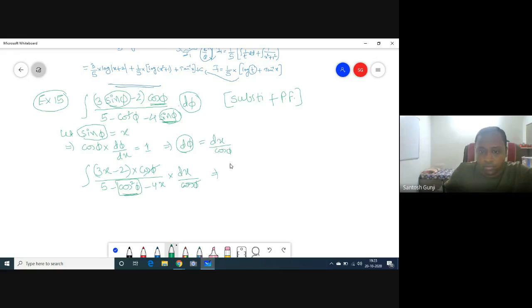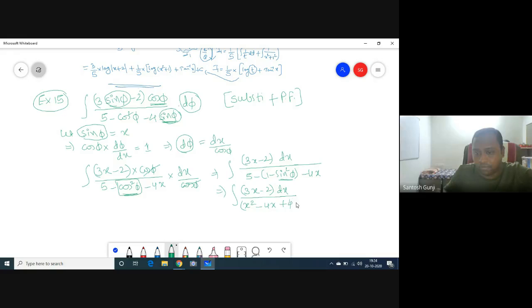So we are converting this into 3x minus 2 dx upon 5 minus 1 minus sine square phi minus 4x. In the next step, I can replace sine phi with x. So it becomes 3x minus 2 into dx upon 5 minus 1, which is 4, plus x square minus 4x. So x square minus 4x plus 4.